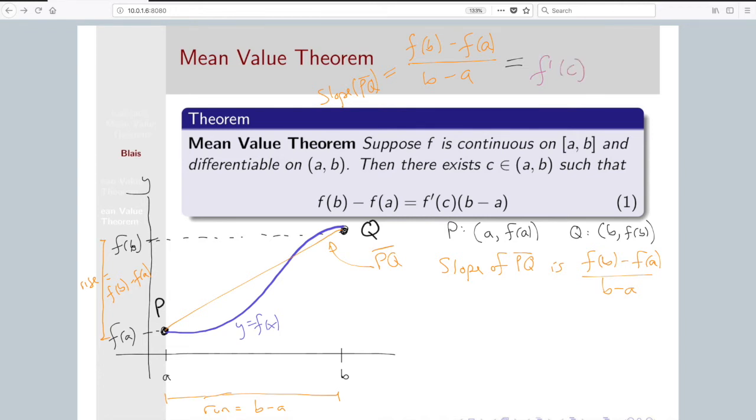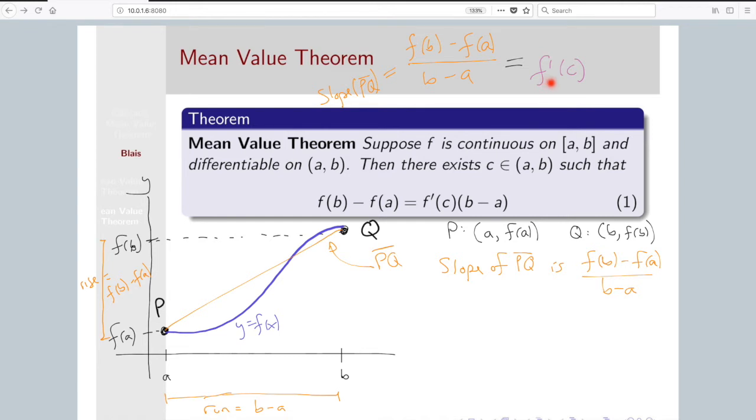So what does that mean? Well, the mean value theorem is asserting the existence of a point C in the interior of AB such that this equation holds. This equation in orange is the slope of the line PQ.